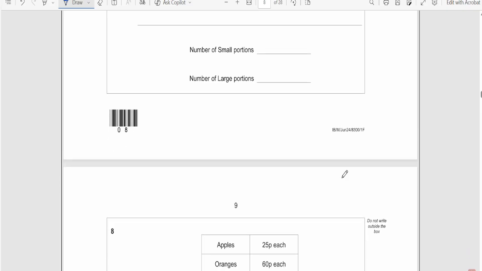If the cost of one pencil is, suppose, 12 pence, what would be the cost of 26 pencils? Can you try this? This is the cost of one pencil, 12 pence.